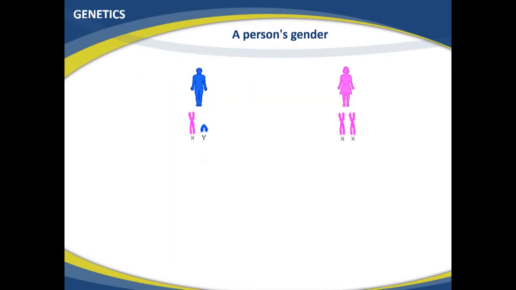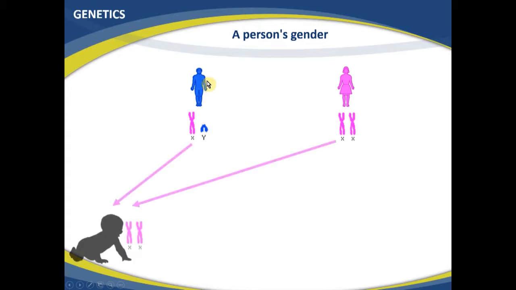So let's look at a couple that together have a child. The man has an X and a Y, because that's why he's a man. And the woman has 2 X chromosomes. Now, when they have a child, they will by chance pass on one of the 2.